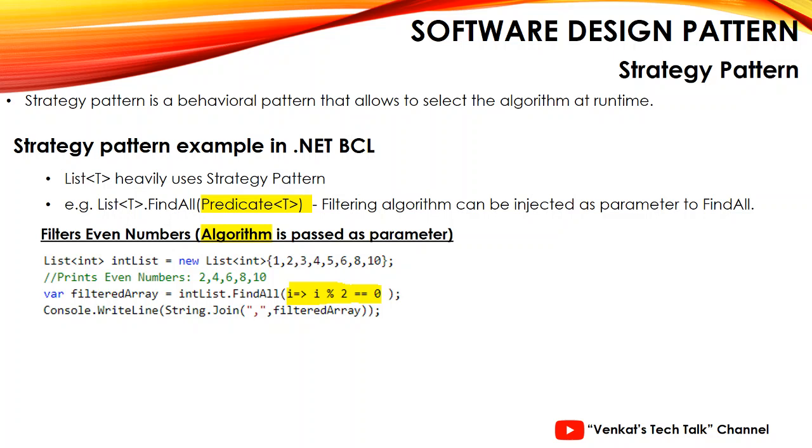It takes an integer as a parameter, and it evaluates this condition: if it is divided by 2 and there is a remainder of 0, then we want to filter those numbers. It will check each number and apply this logic, and if it matches the condition, that collection of numbers will be returned. So the even numbers 2, 4, 6, 8, 10 will be returned for this expression, and if we join it and print it, it's going to print this.